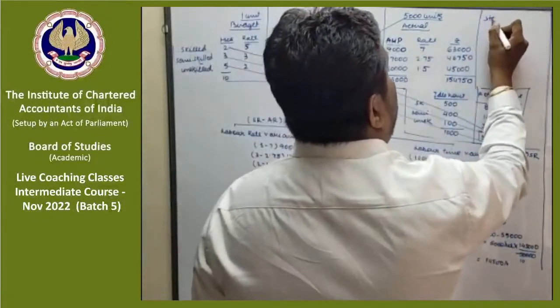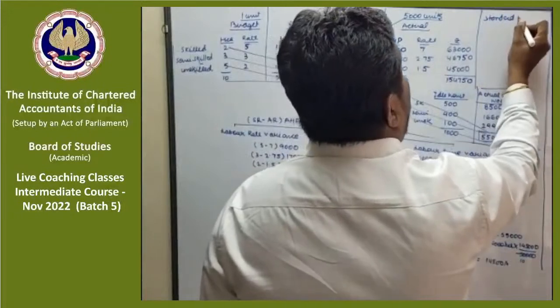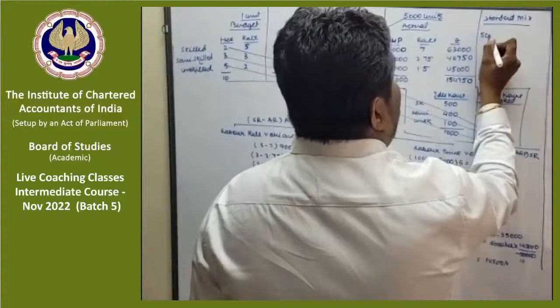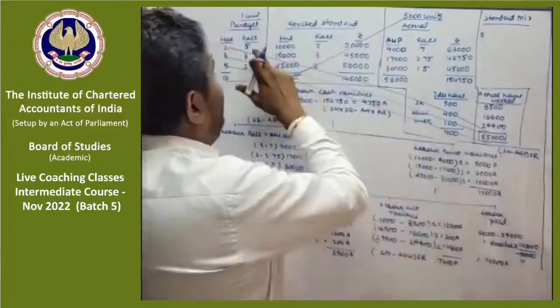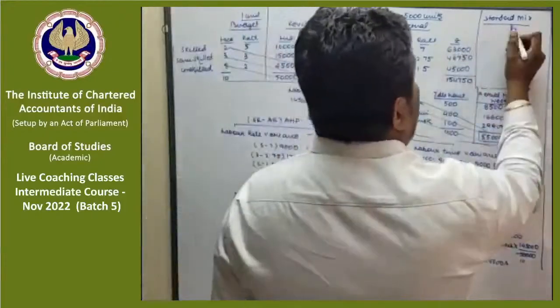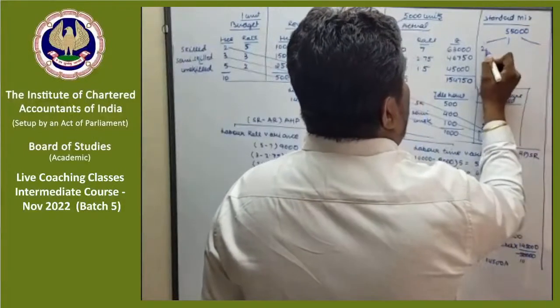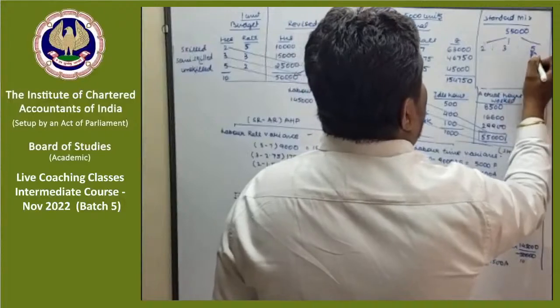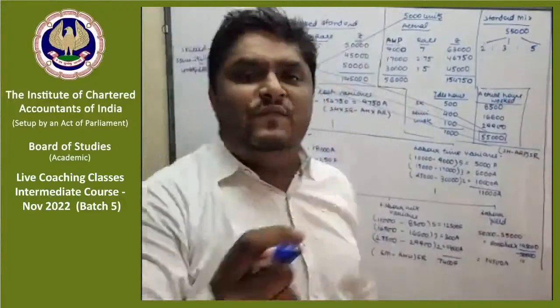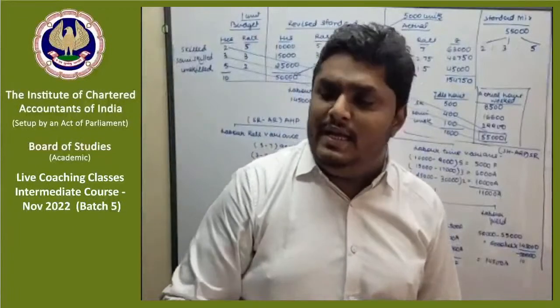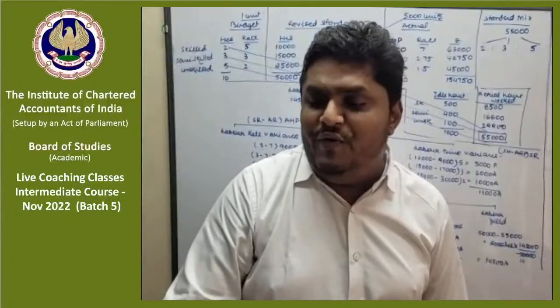Standard mix: 55,000 should be in the ratio of 2:3:5. So it's simple mathematics, 55,000 into 2 by 10, 55,000 into 3 by 10, and 55,000 into 5 by 10.